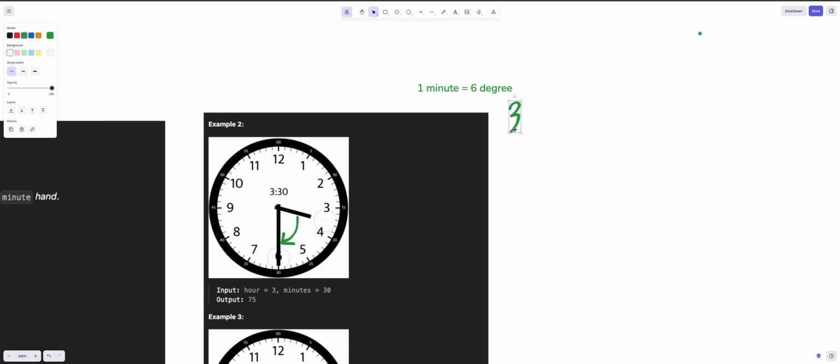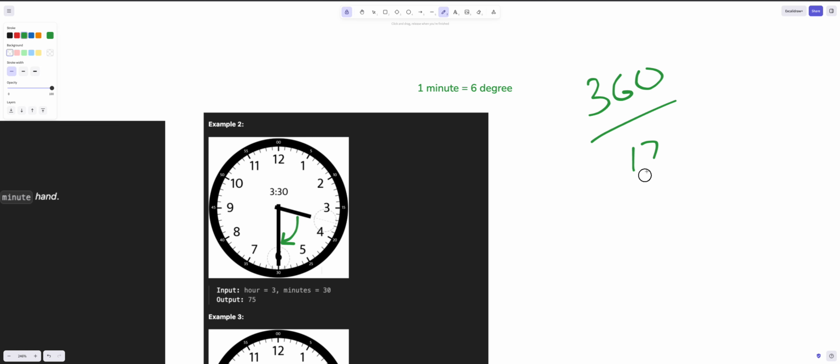How about the hour? Let's check again. We have 360 degrees and 12 hours. That is 30 degrees for each hour, but it doesn't help by itself. Let's just write it down.